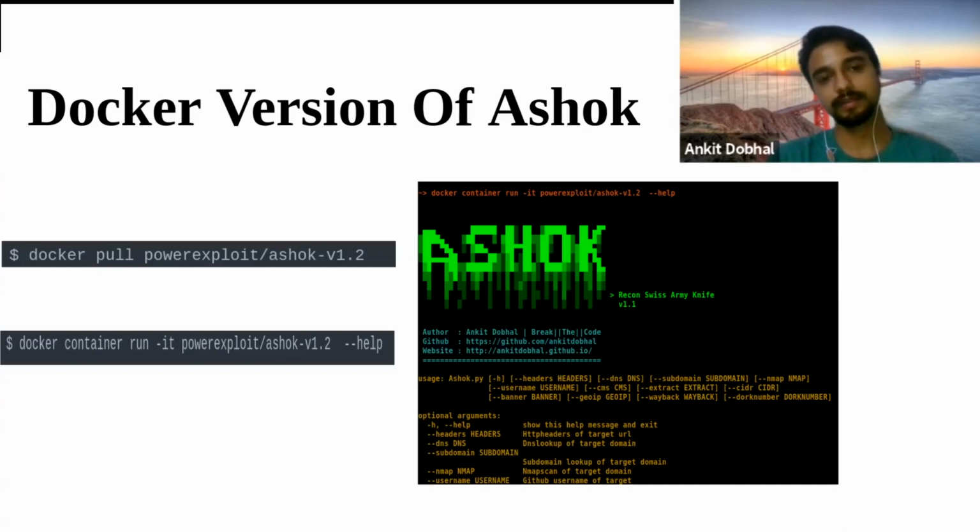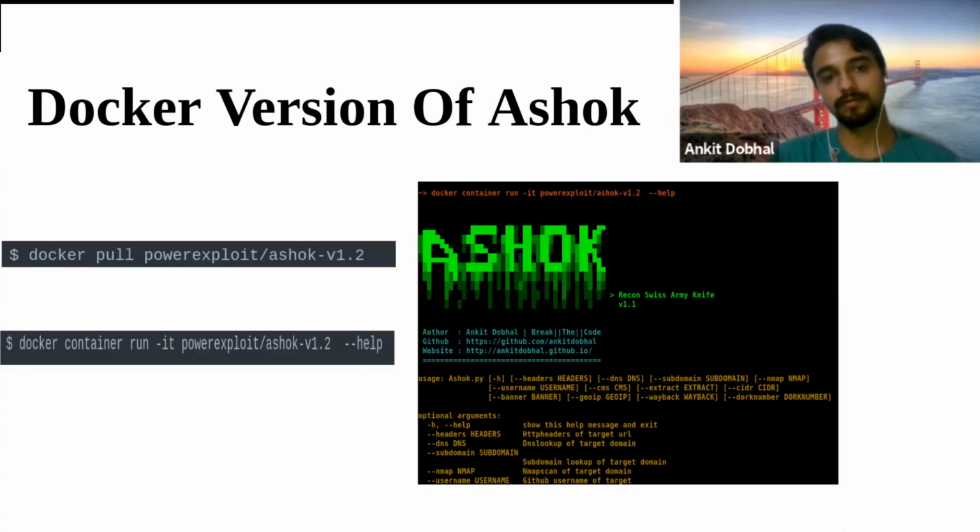The reason for creating the Docker image is that DevSecOps is currently very popular in the security community, and the second aspect is that Docker is very easy to use. When you are using any Python tool, you need to install the prerequisites after cloning that GitHub repo.